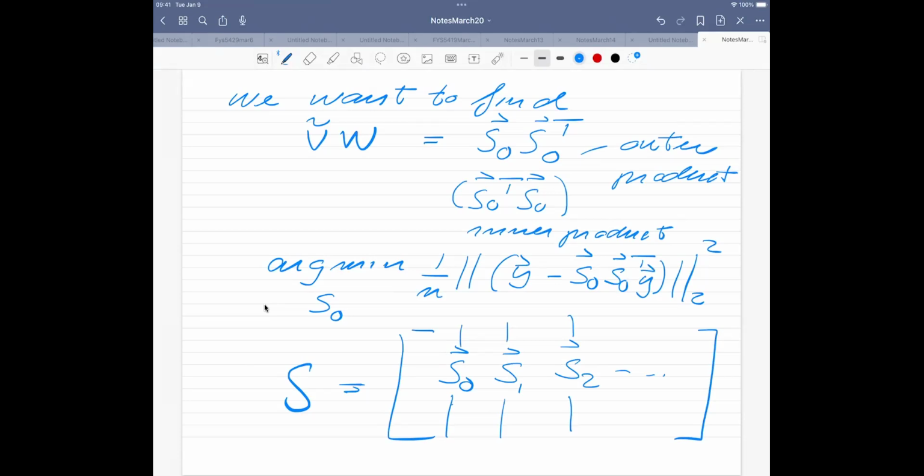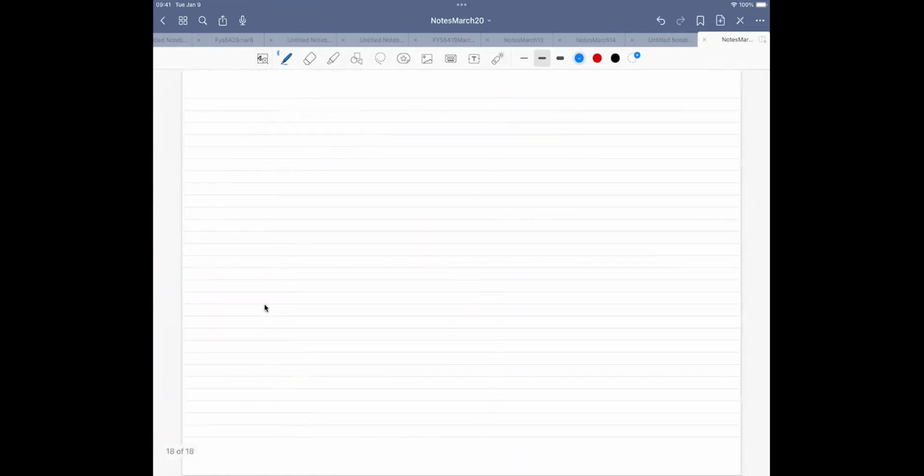This is the quantity I want to optimize. The transformations I'm making should be proportional to S0 times S0 transpose, and I assume S0 is normalized and equal to 1. So I want to build up an orthogonal basis of vectors which are also properly normalized.